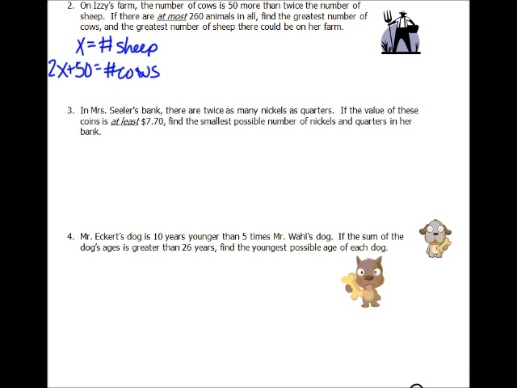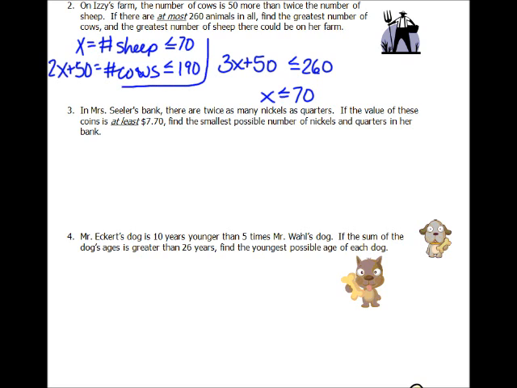And then at most 260, so 3x plus 50 is less than or equal to 260. If you solve that, you get x is less than or equal to 70. So that's less than or equal to 70. And that's less than or equal to 190. Okay?